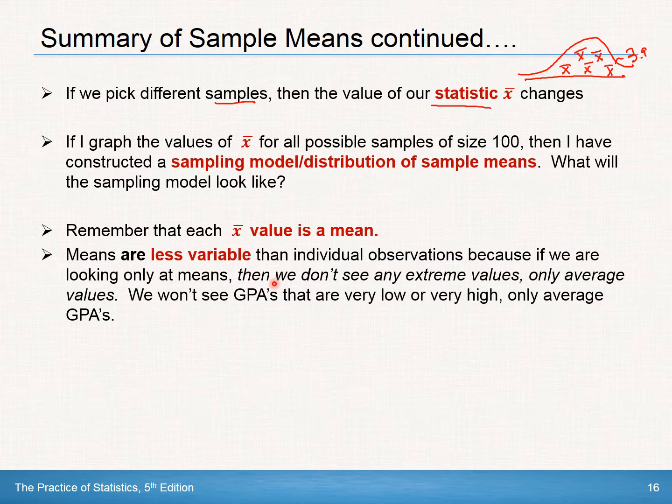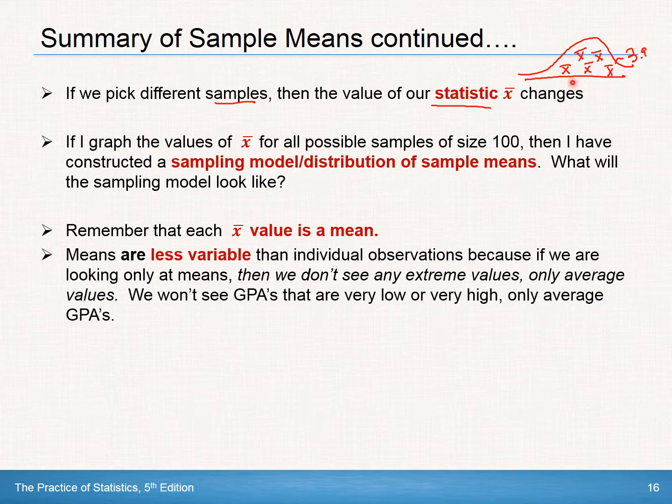Means are less variable than individual observations because if we're only looking at means, then we don't see any extreme values, only average values. I asked you the question earlier, why is the sampling distribution going to be less spread out than the population? Well, this is why, because each one of these values is a mean.